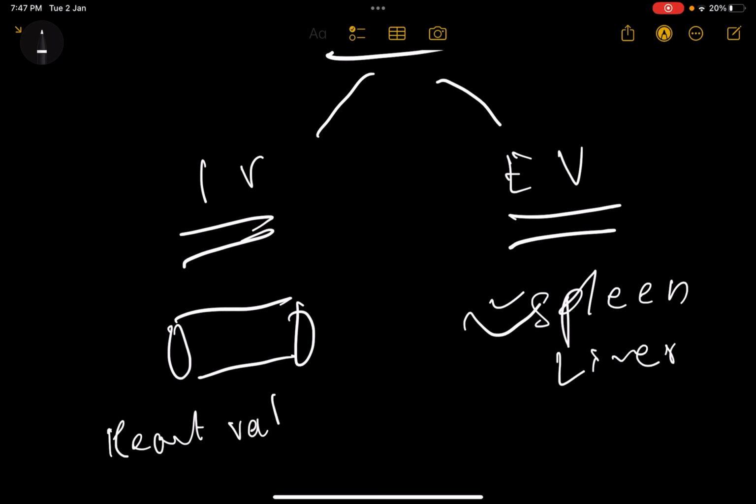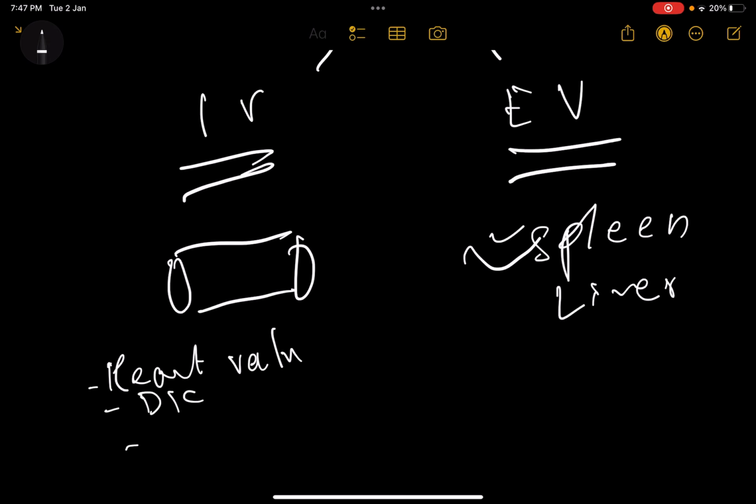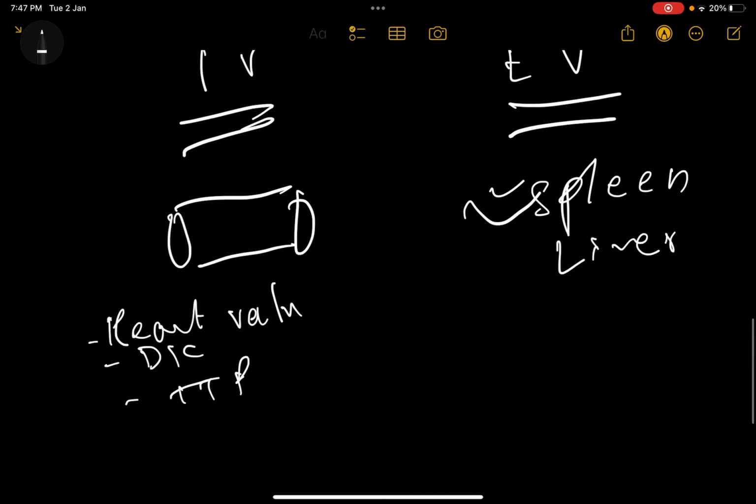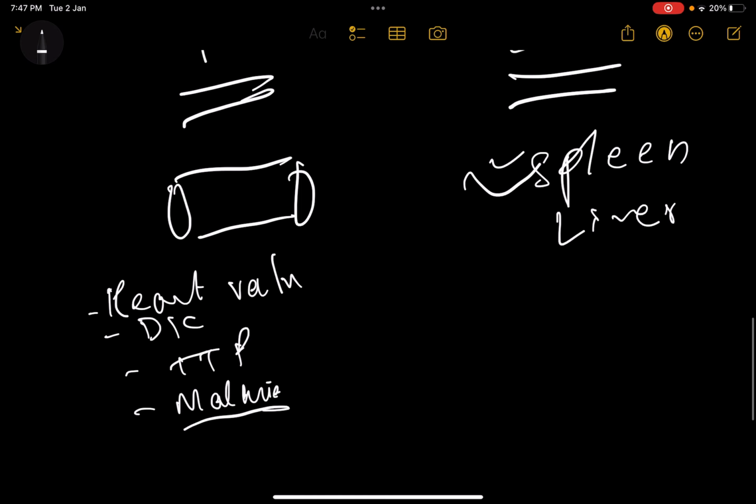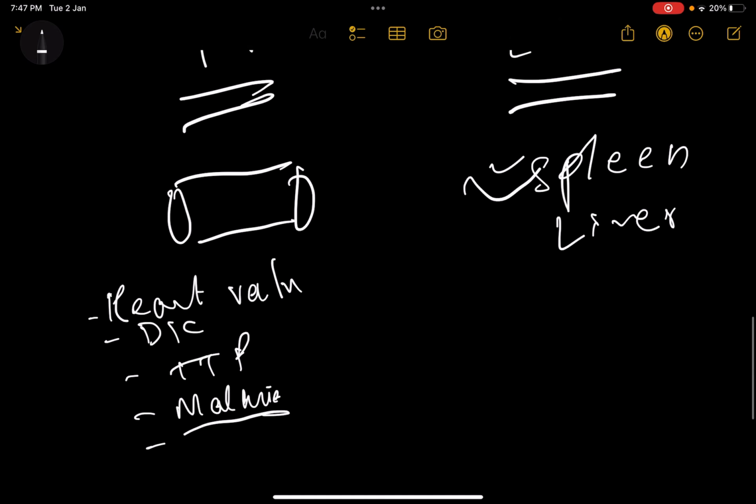When I'm saying intravascular, it could probably be a heart valve. It could be DIC. It could be TTP. It could be probably malaria, Kala Azar. But again, malaria could also be extravascular. It could probably be G6PD.